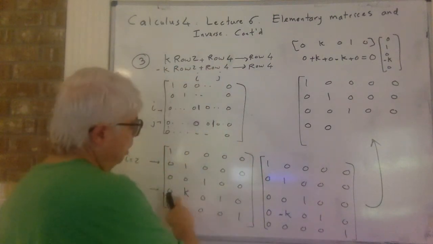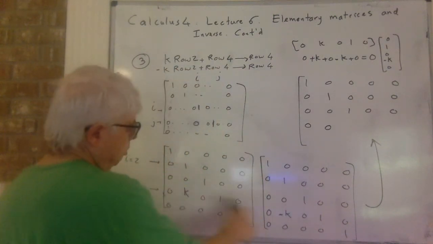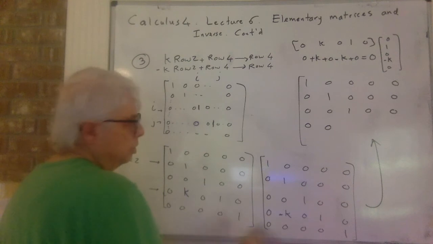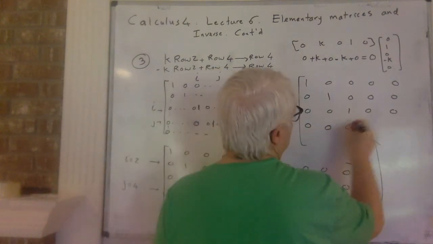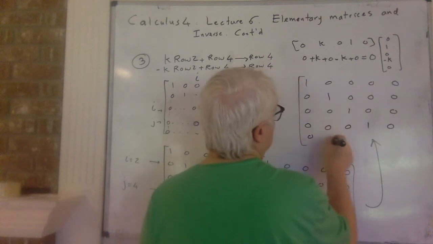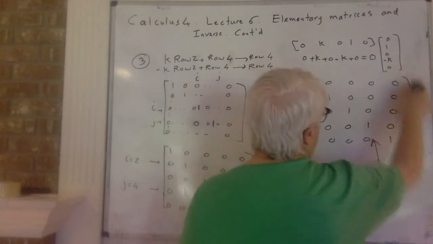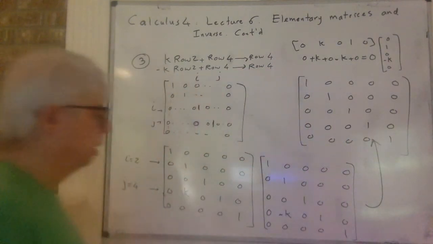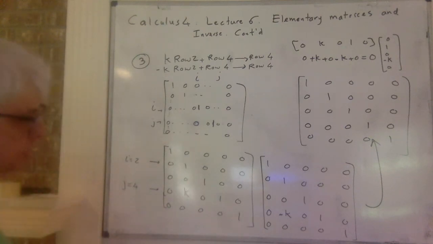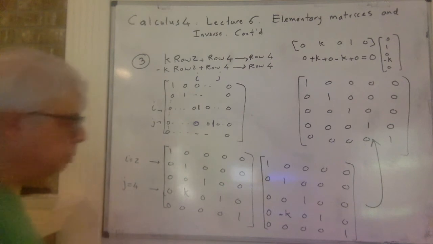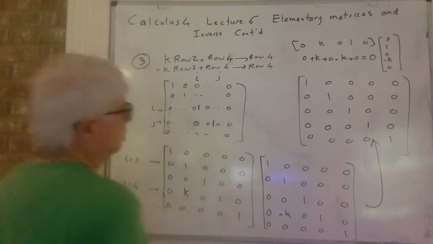So after multiplying this by this, I will get 0, and the rest is the same, 0, 0, 0, 0, 1. So it seems that this matrix is the inverse of this.